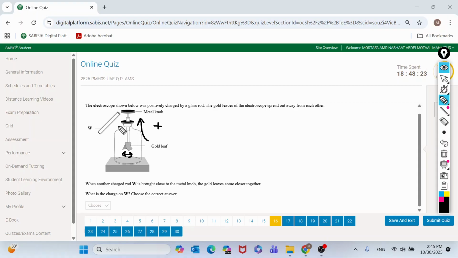What would make the positive charge go down? If you got a negatively charged object. If this is negative, then the positive charge would go down. So the leaves would come closer together because there's less positive charge pushing them away. So the force repelling them is weaker. So W has to be negative.